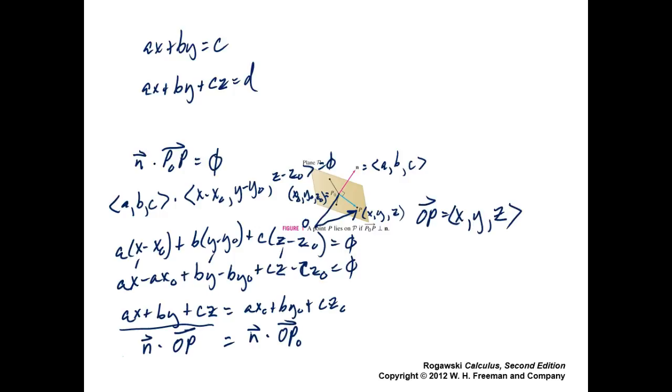Now, why they did that, I'm not absolutely sure, because where I was going with it, these are just numbers. A, B, C are numbers, X0, Y0 too. The variables are X, Y, and Z. So this is some number, and they call it D, if I'm not mistaken. Yeah, they call this D, some number D. Okay?